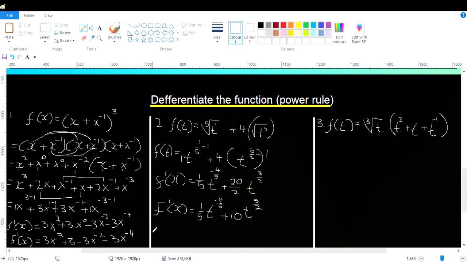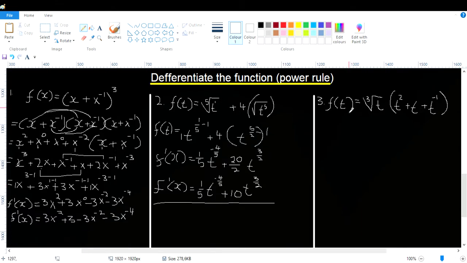Therefore, this one is the final answer. Okay, here's number 3.